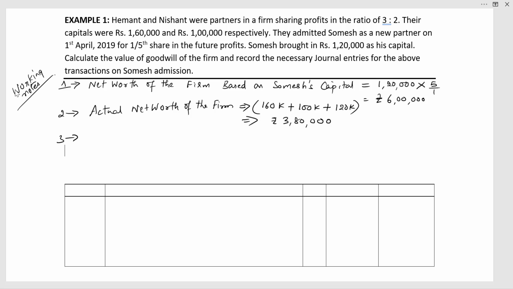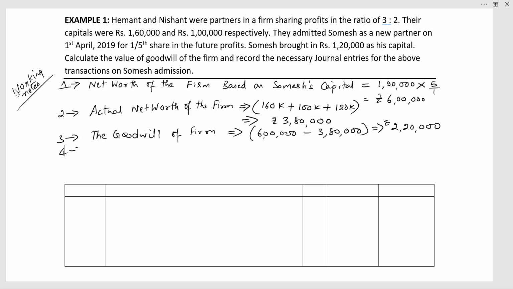Step 3. The goodwill of firm is equal to answer of step 1, which is 6 lakh rupees, minus answer of step 2, which is 3,80,000 rupees, which comes up to 2,20,000 rupees.